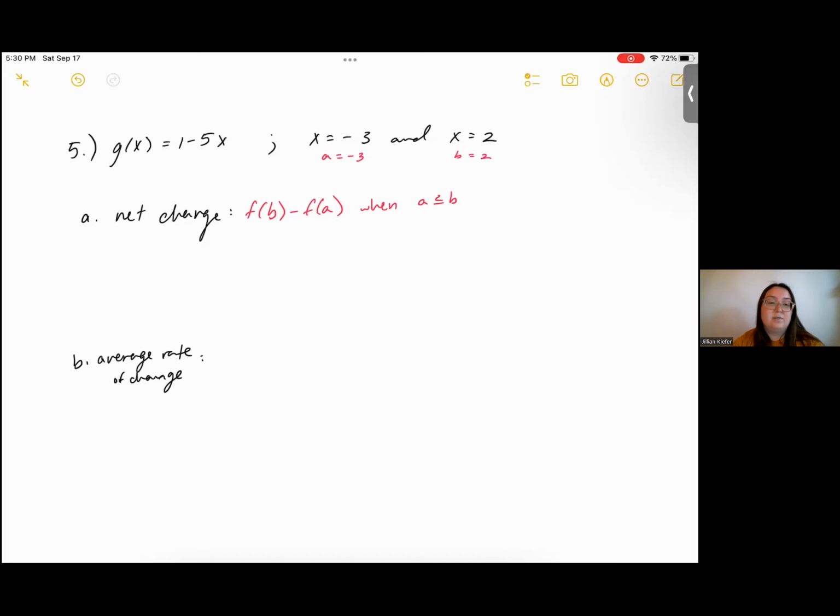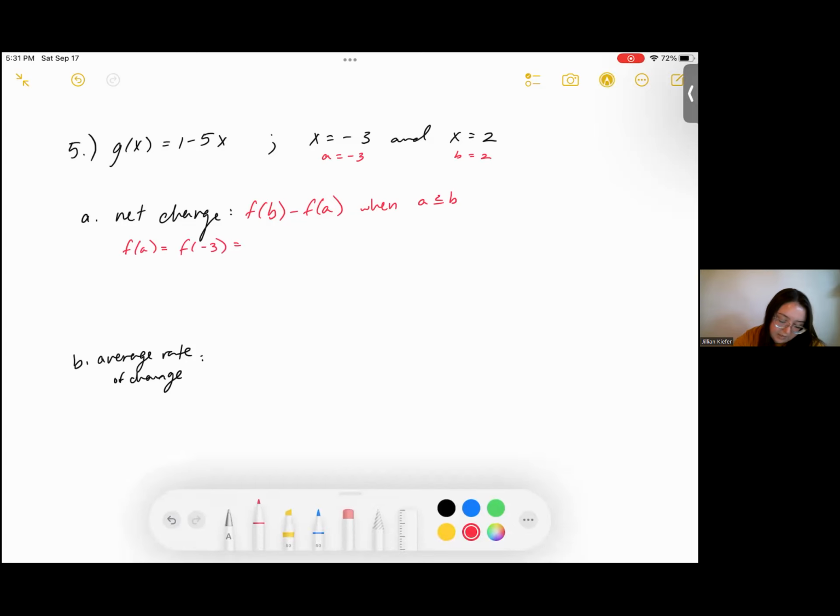Then we want to find the function values of a and b. We're going to start off with f of a. F of a would be f of -3. So we're plugging in -3 into x in g of x.